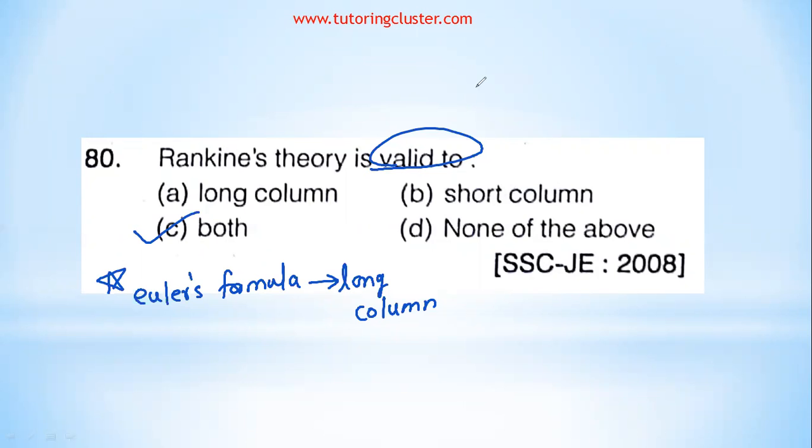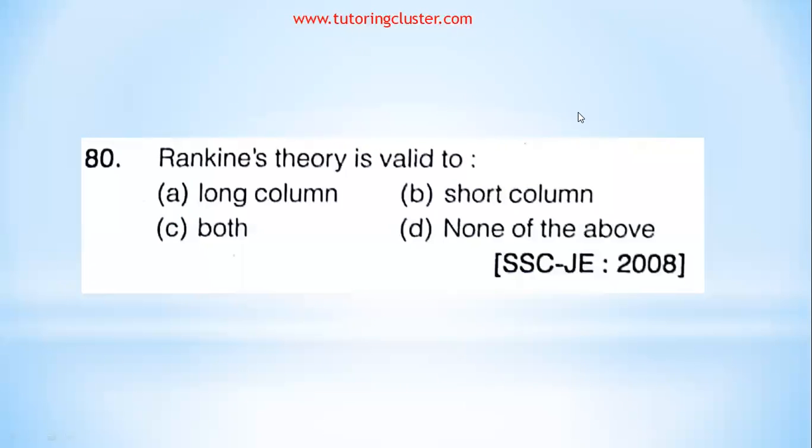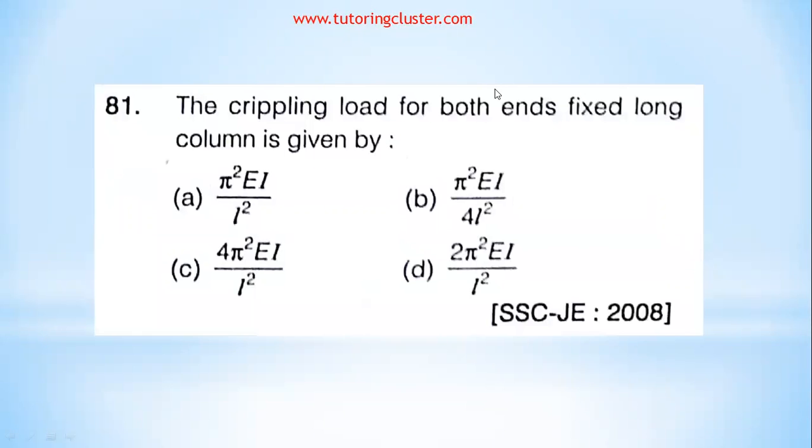Next, 81, asked in 2008, the crippling load for both the ends fixed is given by. Okay, so crippling load, what is the formula? 4 pi square EI upon L square.